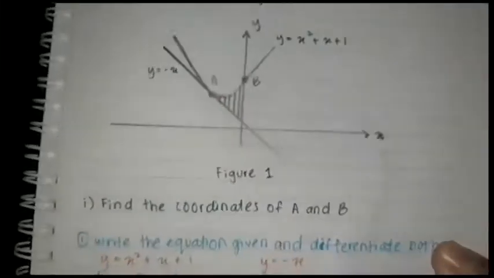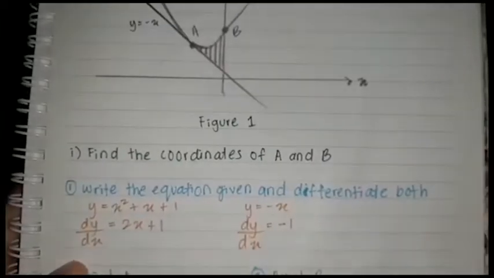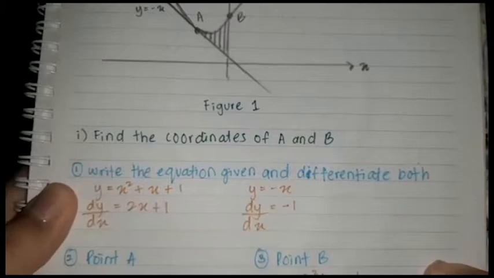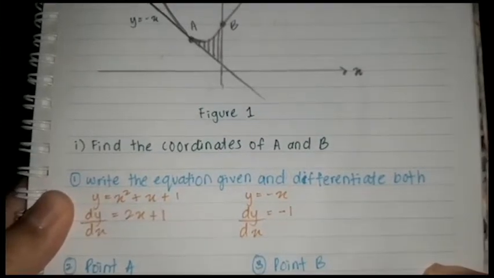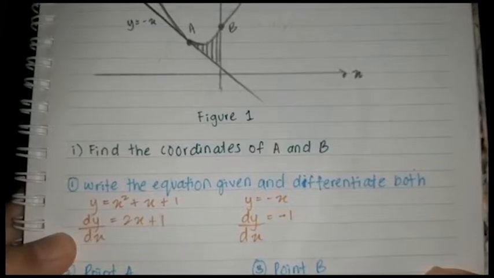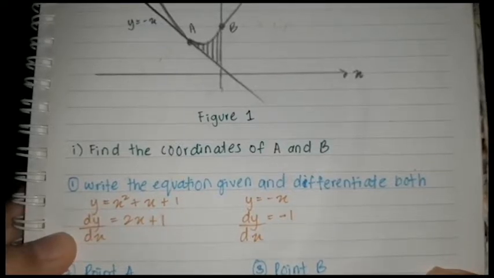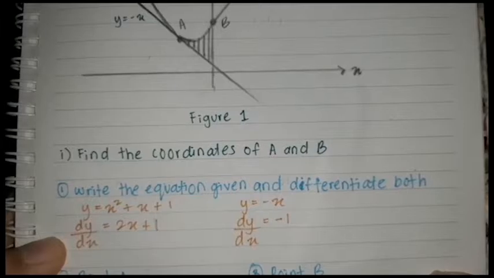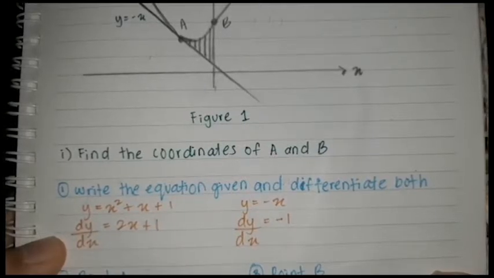So the first step is to write the equations given and differentiate both. For the first equation, y equal to x squared plus x plus 1, dy over dx is equal to 2x plus 1. The second equation, y equal to negative x, has dy over dx equal to negative 1.